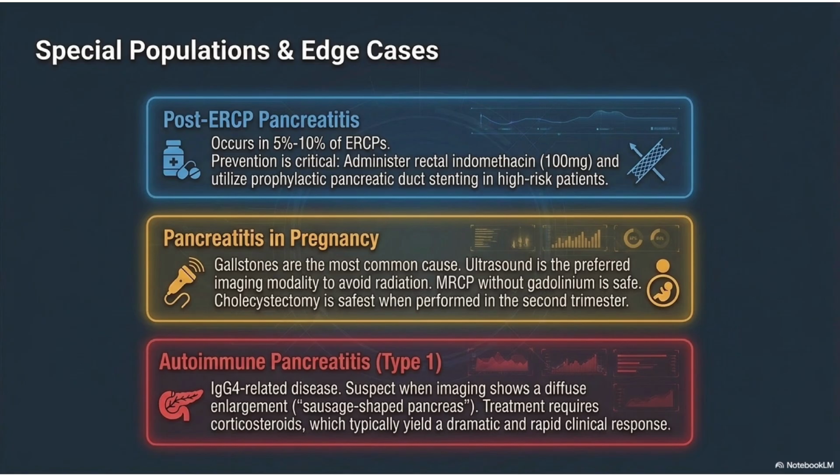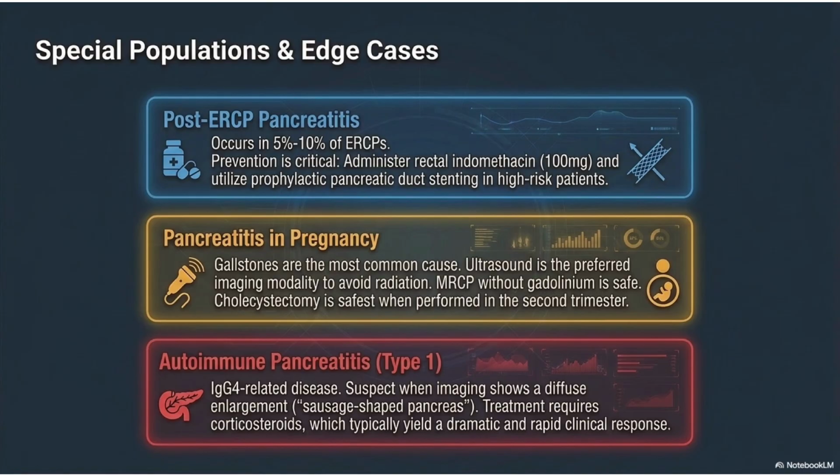Special populations and edge cases. Post-ERCP pancreatitis is seen in 5 to 10%. The prevention is very critical. Interestingly, you can prevent this by rectal indomethacin up to 100 milligrams, and you can also utilize prophylactic pancreatic duct stenting sometimes in high-risk patients.